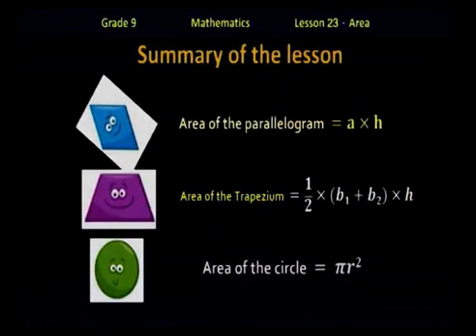Now let's see the summary. We learnt the area of the parallelogram, which is base into height. Next, the area of the trapezium, which is half into the sum of the lengths of the parallel sides into the perpendicular height. And the area of the circle, which is pi r squared. We got them and we applied them in some problems.